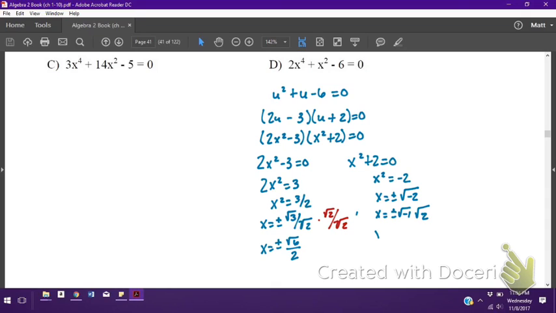The square root of negative 1 is i, so x equals plus or minus i root 2. So if I combine my solutions, x equals plus or minus i root 2 and plus or minus root 6 over 2. And there are my 4 solutions to my equation.